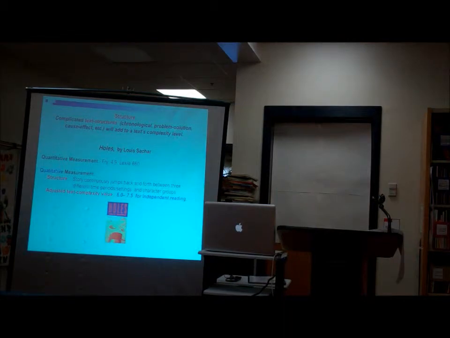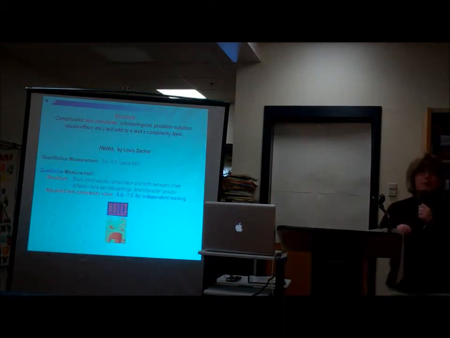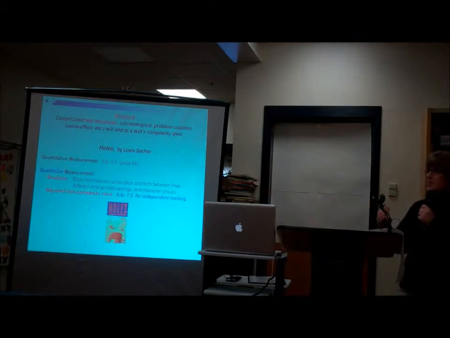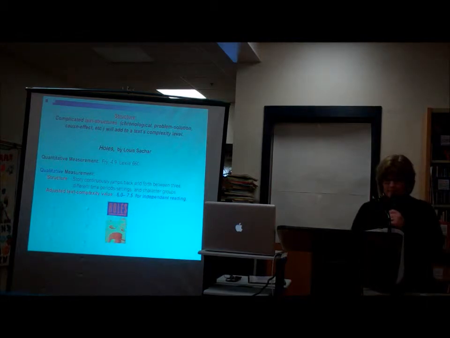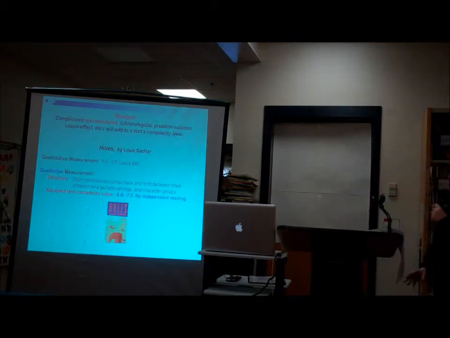That 2nd to 3rd grade range in its readability comes from a computer model of the mean length of sentence and the number of multisyllabic words. It's just the computer numbers. So you can see in this particular book that it really is not a 2nd or 3rd grade book, in the same way that we mentioned The Grapes of Wrath. In Holes, the story jumps back and forth between three different periods and settings, and it has a lot of jumping between characters.